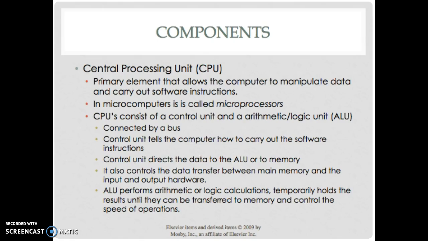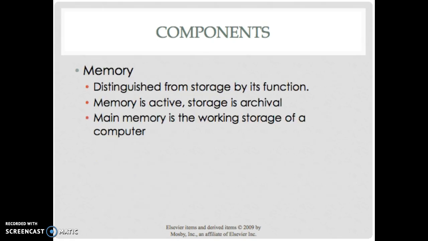The control unit tells the computer how to carry out the software instructions. It directs the data to the ALU or to memory. It also controls the data transfer between the main memory and the input and output hardware. The ALU performs arithmetic or logic calculations. Primary holds the results until they can be transferred to memory, and controls the speed of the operations.